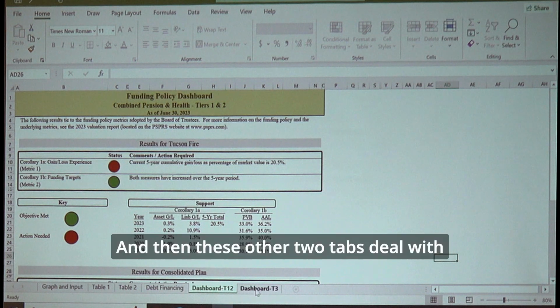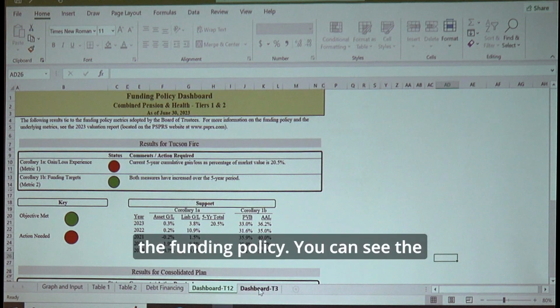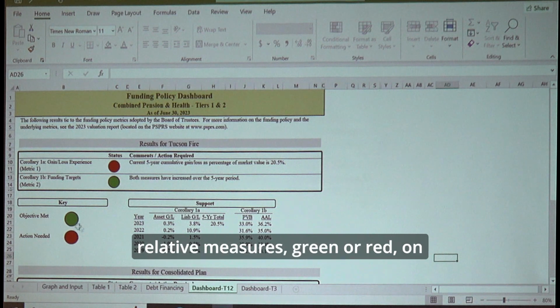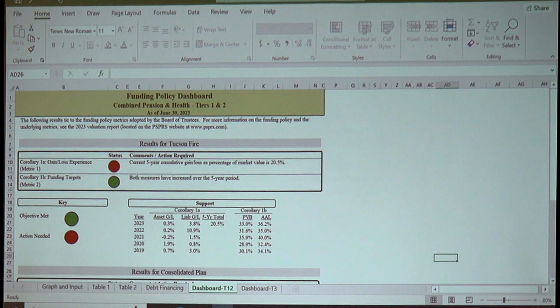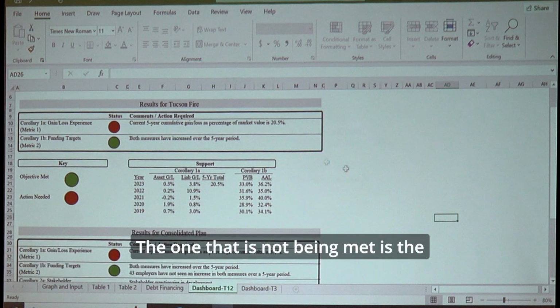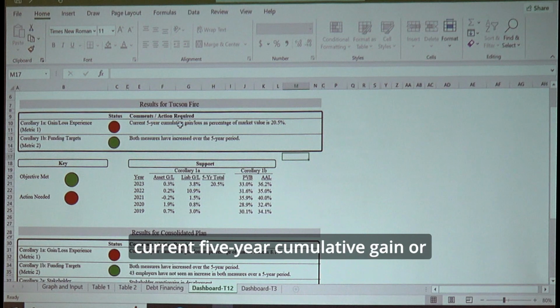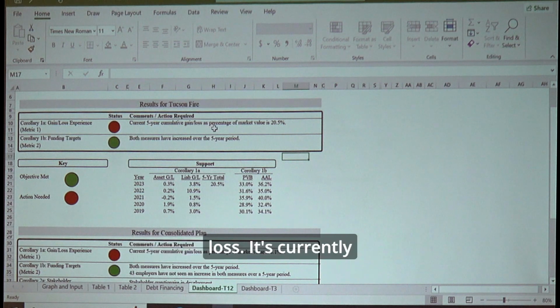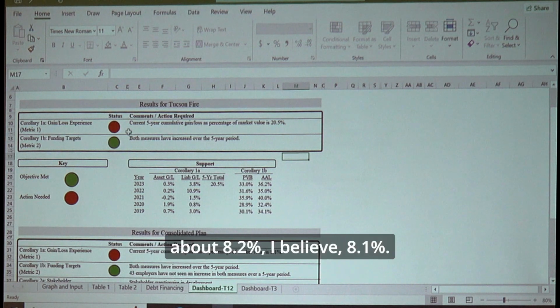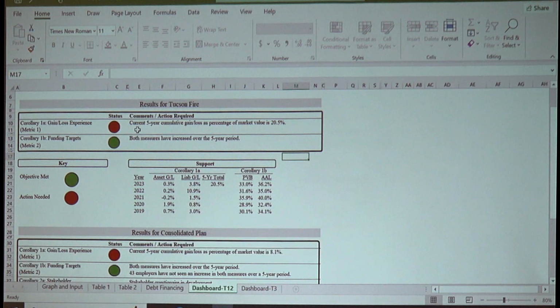And then these other two tabs deal with the funding policy. You can see the relative measures, green or red, on whether or not that's being met. The one that is not being met is the current 5-year cumulative gain or loss. It is currently about 8.2%, I believe, 8.1%.